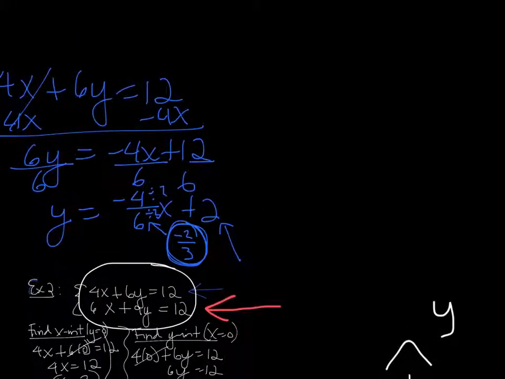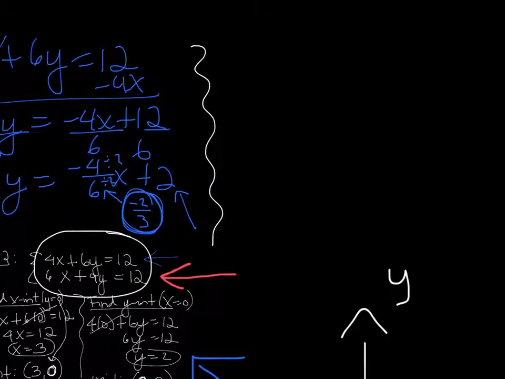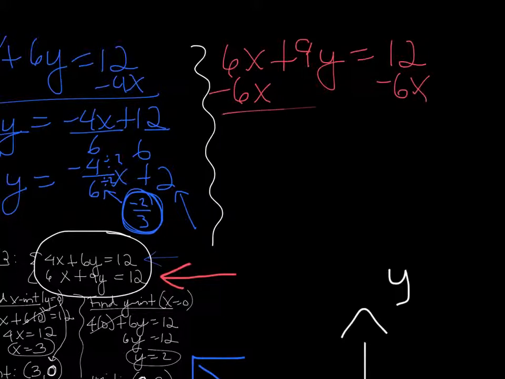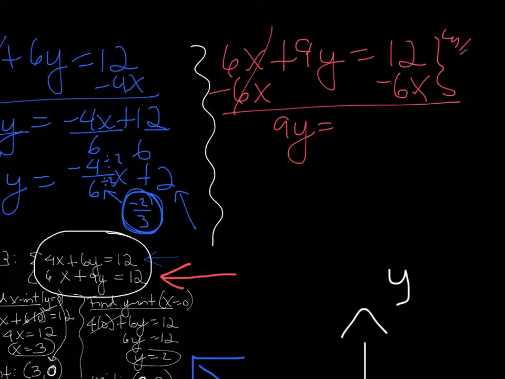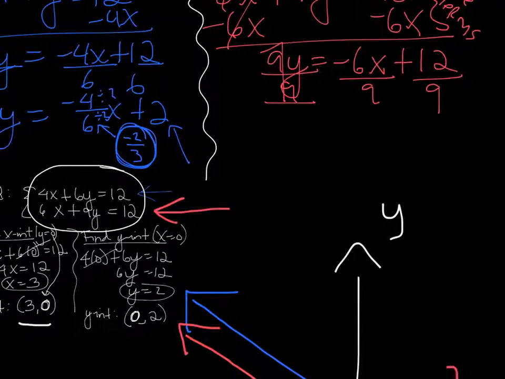If these lines are parallel, that means that for this other equation, the slope should also be negative 2/3. So 6x plus 9y equals 12. Again, move that x over. These are unlike terms, you can't combine them, and you don't want to because you want an x and a b. And again, divide by 9.